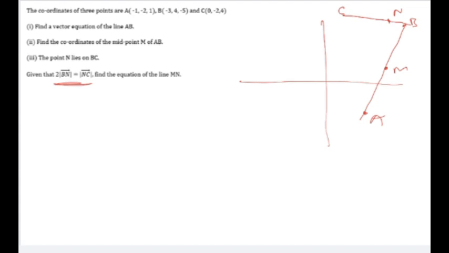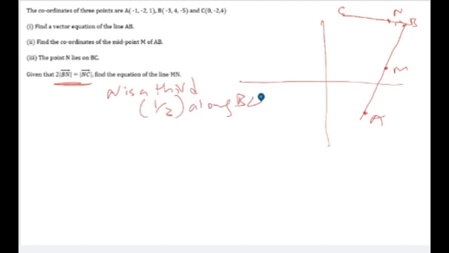So if we multiply this BN by 2, we're going to get that. So which tells us that N is actually a third. N is 1/3 along BC.